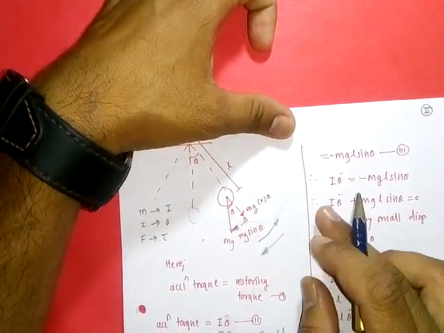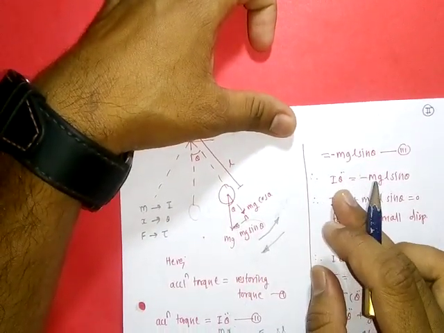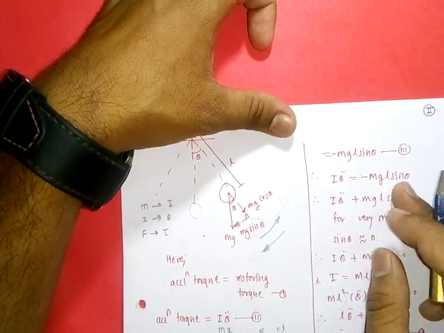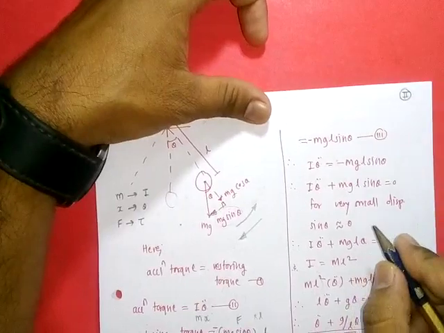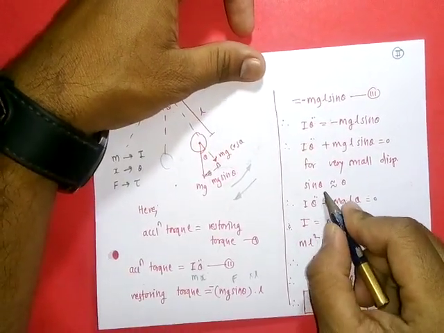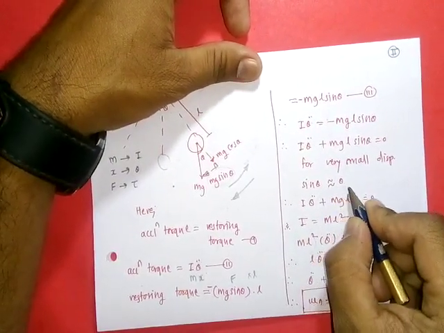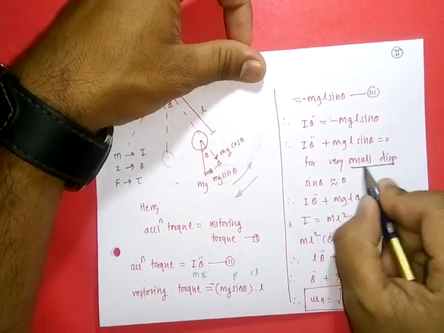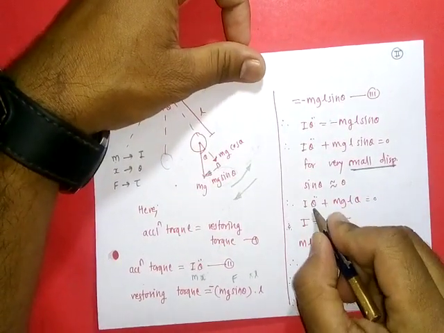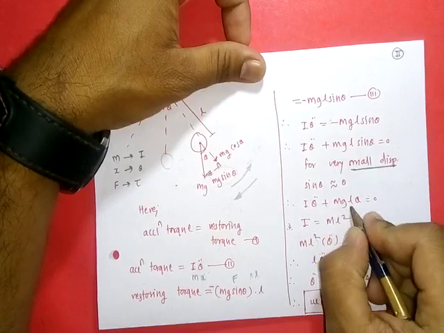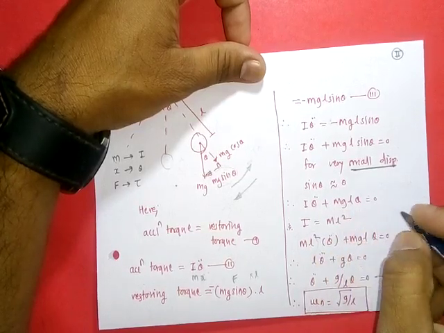Now equating both terms we get I theta double dot is equal to minus mg L sin theta. Then for very small angular displacement we can put sin theta nearly equal to theta. Then I theta double dot plus mgL theta is equal to 0.